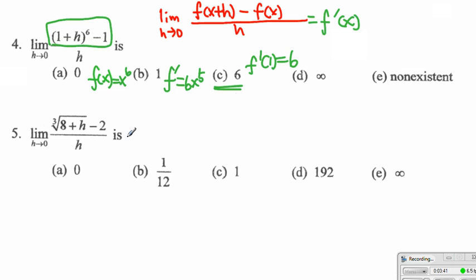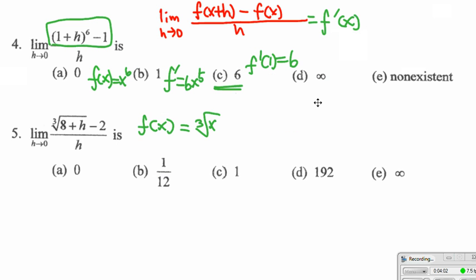Here, number 5, what would you get for the f of x from the same idea? That's right. When you look into the structure of the function, it should have been the cube root of x. And you can see that from here. And you will notice that the value of x in front of h must be equal to 8. And that's basically what we're looking at later.